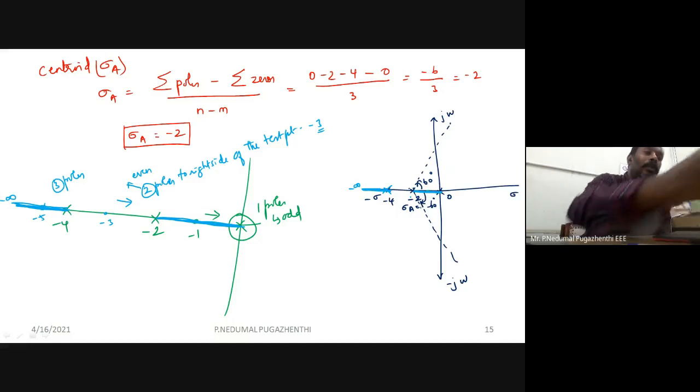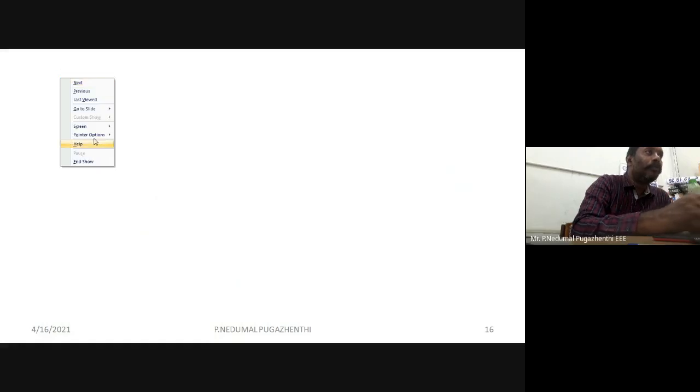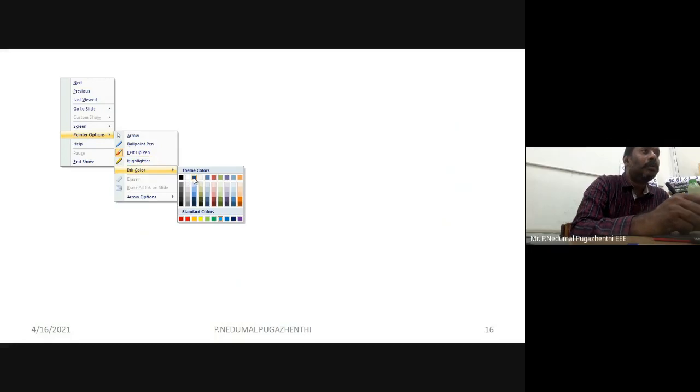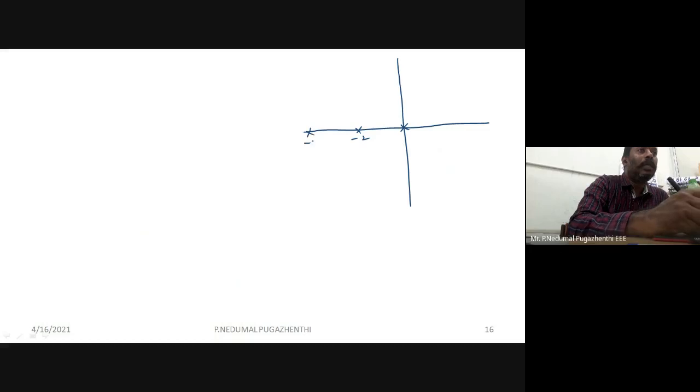Okay. So what is my next step? Since I have adjacent poles, I will carry the drawing forward: 0, minus 2, minus 4.